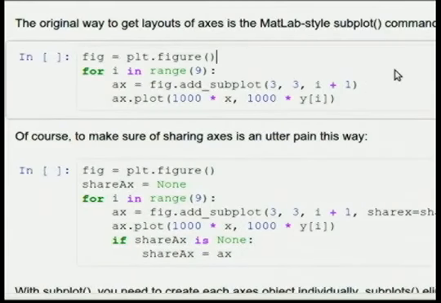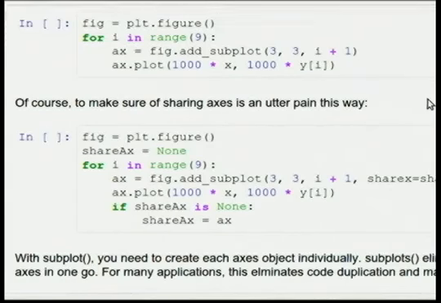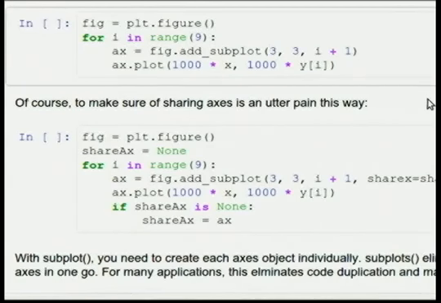So one way to get layout of multiple axes is the MATLAB style subplot command. And so in this case, we're finally not using 1, 1, 1, but we're going to make a 3-row by 3-column array, a grid of subplots. And we're going to loop from 0 to 9 and add each one of these subplots. We need to do the +1 because we have that horrendous Fortran notation.